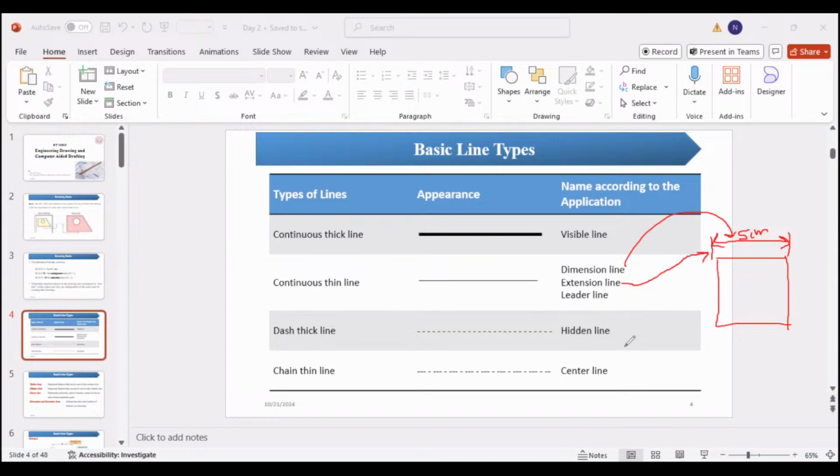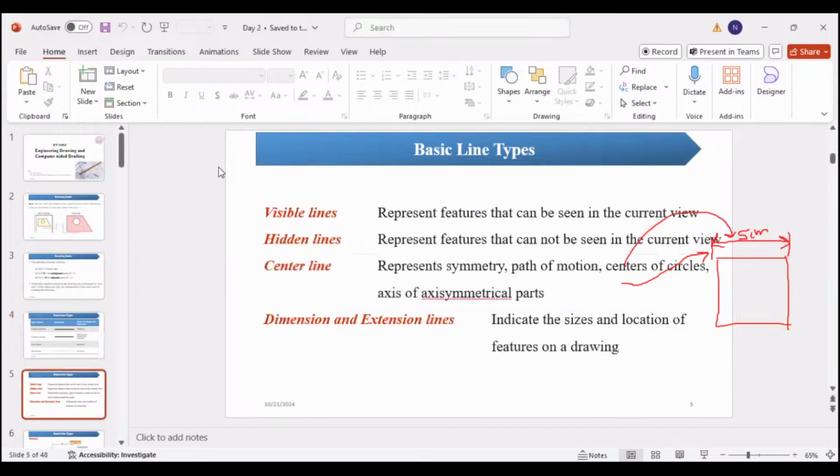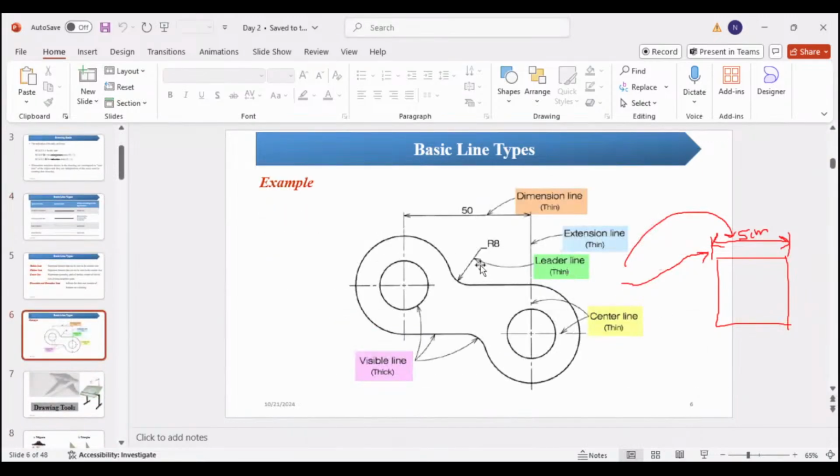Okay. The leader line is a line that comes with an arrowhead. I will show the example in the slide. Okay, let's go to that. So this is the leader line. See? The dimension line is the line that shows a distance.